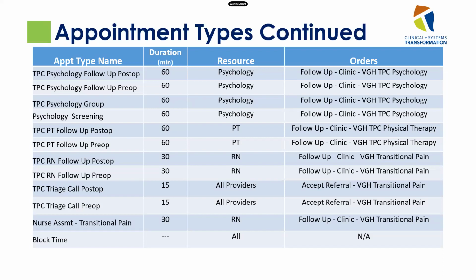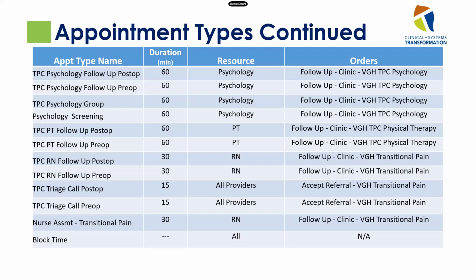We have RN post-op and pre-op. We have a triage call post-op and pre-op, 15 minutes, all providers. We have a nurse assessment, which is a nursing new, and it's 30 minutes for all the RNs. And then we have what we call a block time, which everybody is associated to.